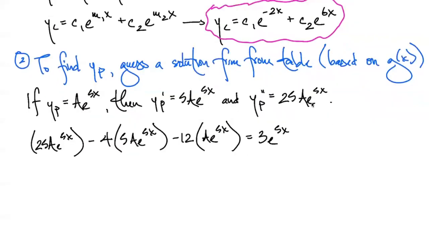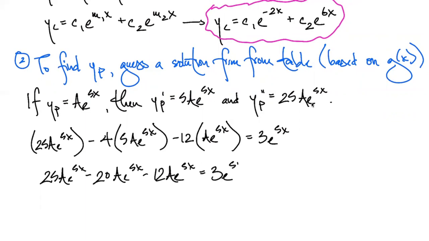All right, let's do some computations. 25 a e to the 5x minus 20 a e to the 5x minus 12 a e to the 5x equals 3e to the 5x.